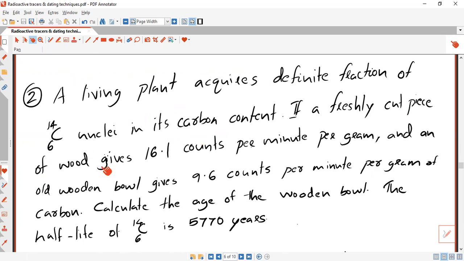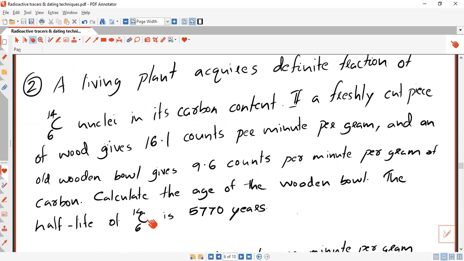A freshly cut piece of wood gives 16.1 counts per minute per gram, and an old wooden bowl gives 9.6 counts per minute per gram. The freshly cut value is N0 and the old bowl value is N. Calculate the age of the wooden bowl. The half-life period of C14 is 5,770 years.